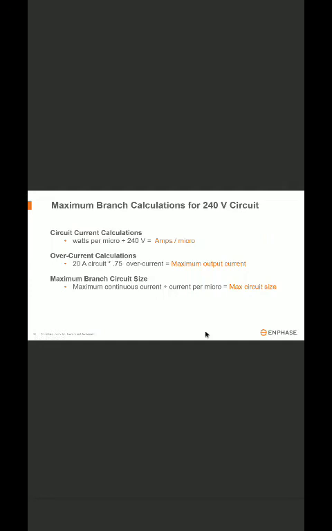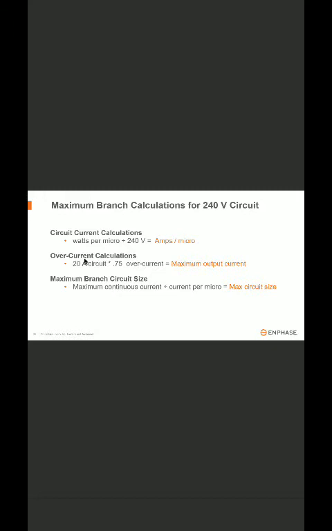This is a simple calculation method. First, you calculate your circuit current, or you can also get this value from your data sheet. Second, we know that one branch circuit is 20 amps, because our Q cable is rated at 20 amps.